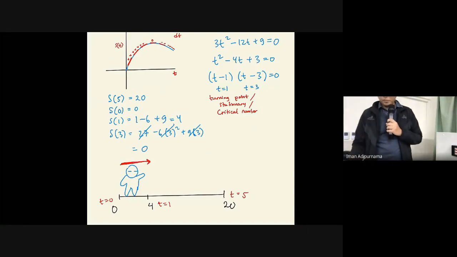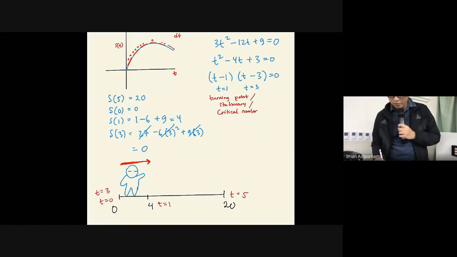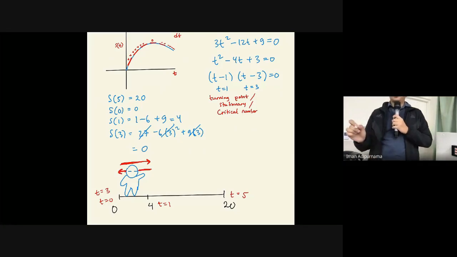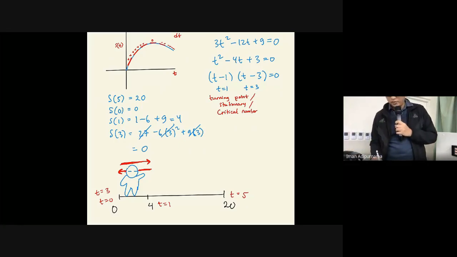But then at t equals 3, he is back here. So he's going back to the initial position. After 3, he moves forward. Maybe he's running.